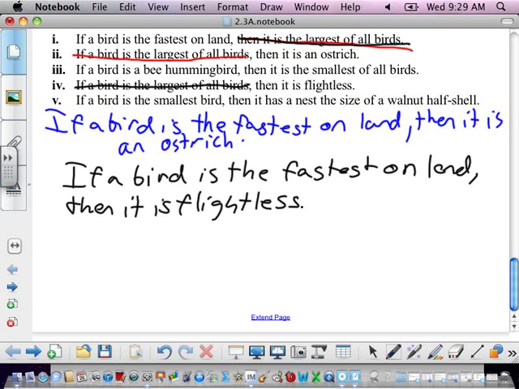Alright. Because we've used 1, 2, and 4, let's look at 3.